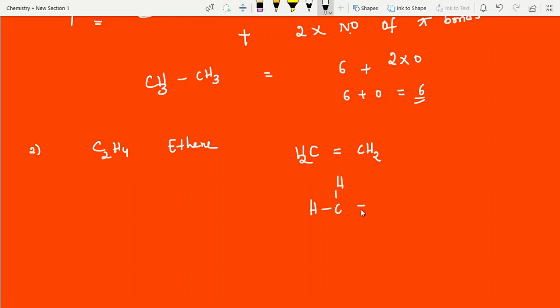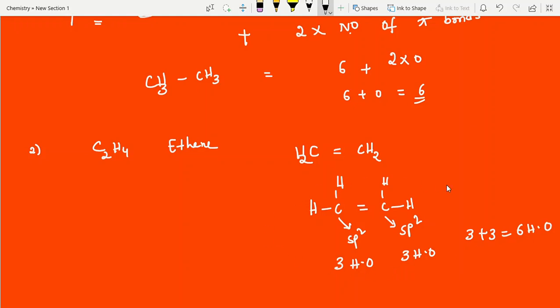What is this? sp2 hybridization. sp2 means how many hybrid orbitals? 1 plus 2, 3. 3 hybrid orbitals. Here 3 hybrid orbitals, here 3 plus 3. Totally 6 hybrid orbitals in our hand, right?